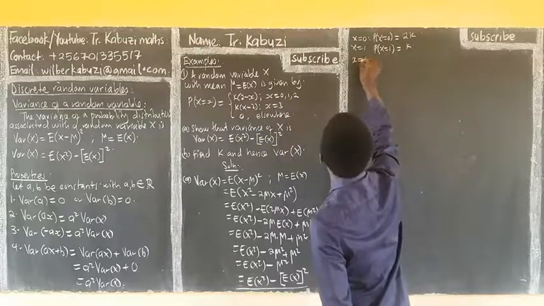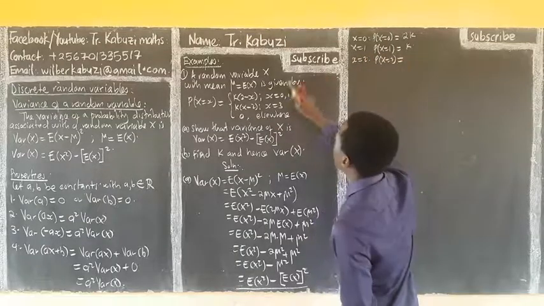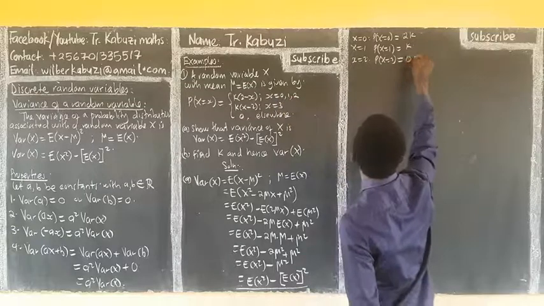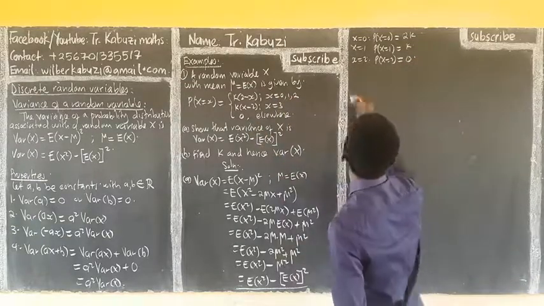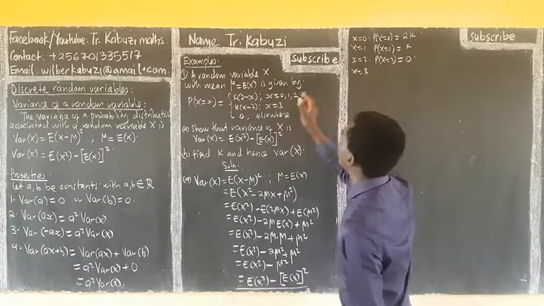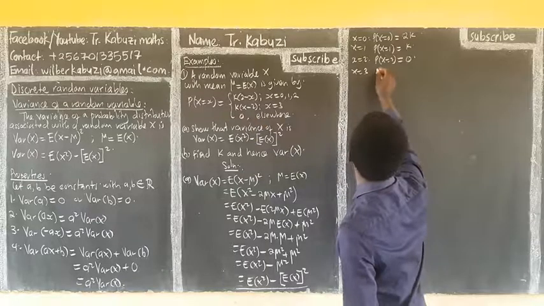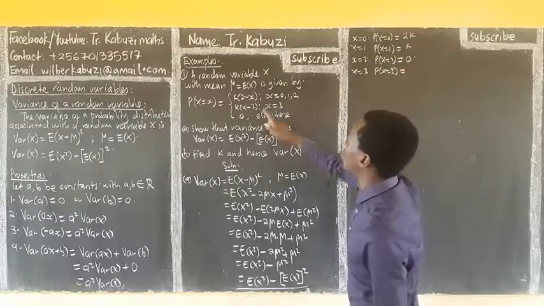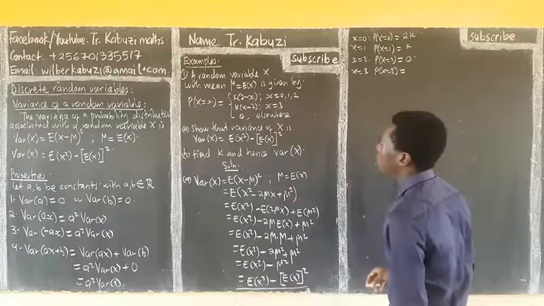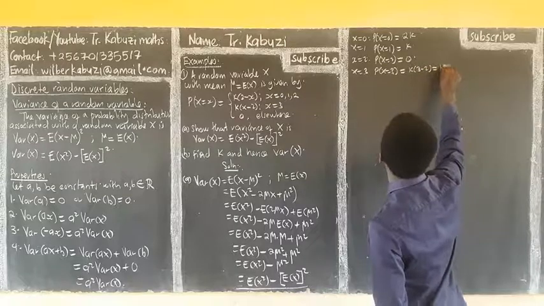When x is 2, probability of 2, when I put here 2, it will be 0. And then they are telling me, when x is 3, this is its own probability. This will be p of x equal to 3, when I put here 3, I'll be having k times 3 minus 2, which will be k.